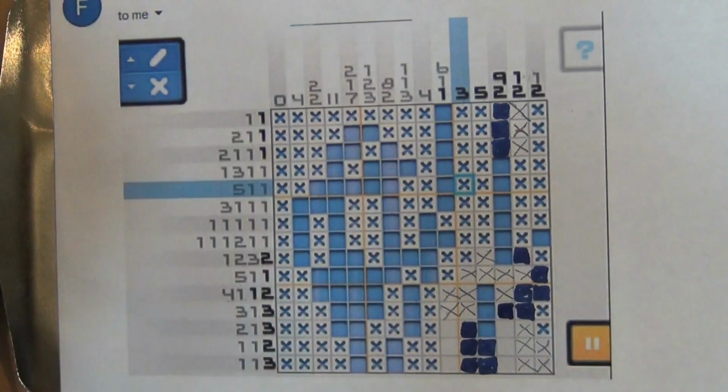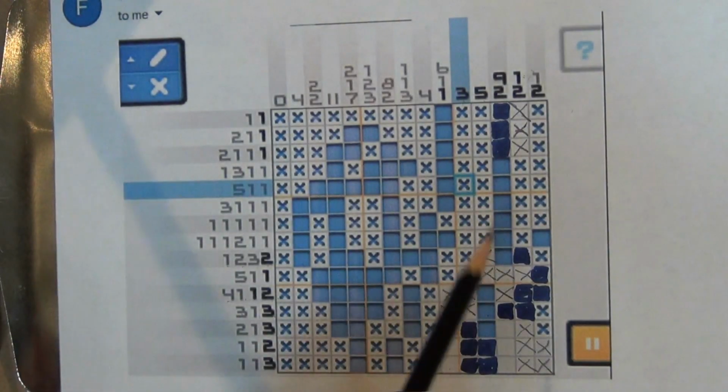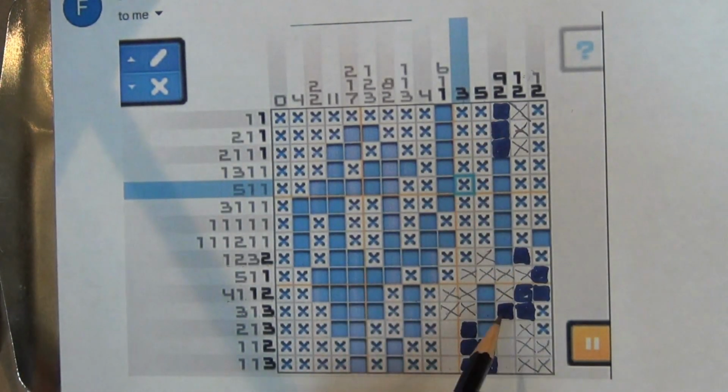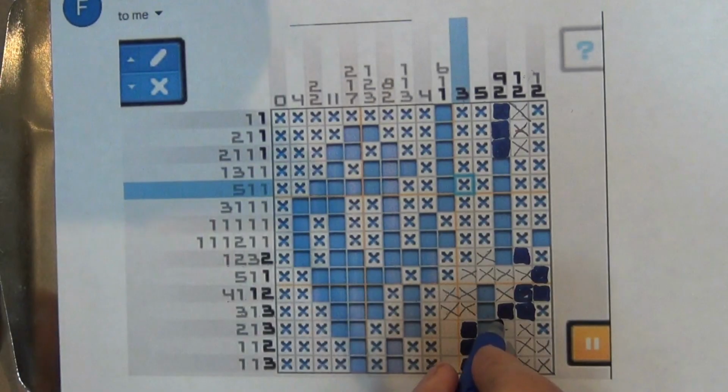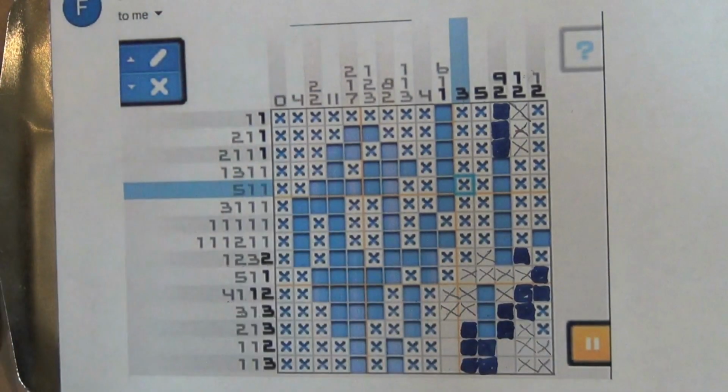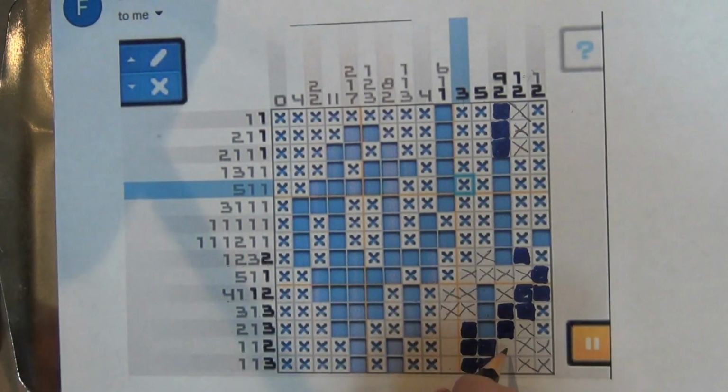So there's my 3 in a row. This one is supposed to be 9 and 2. Well, there's 9 and 1, 2. So I will put a box here. And then if that's the 2, everything below it has to be X's.